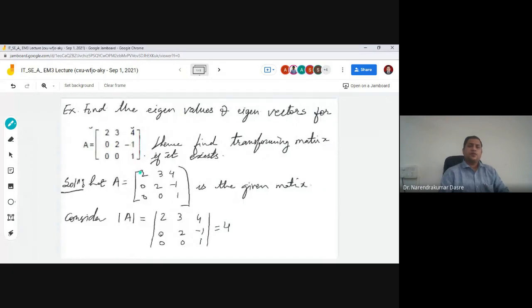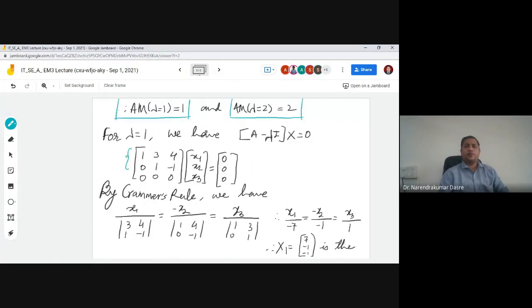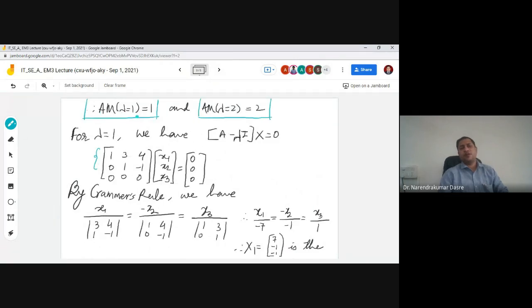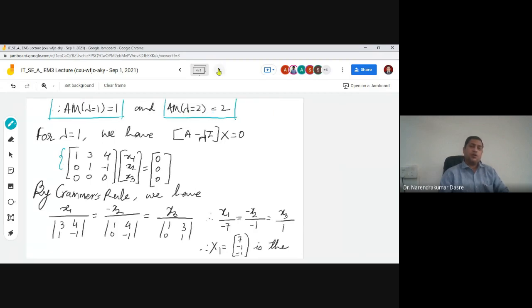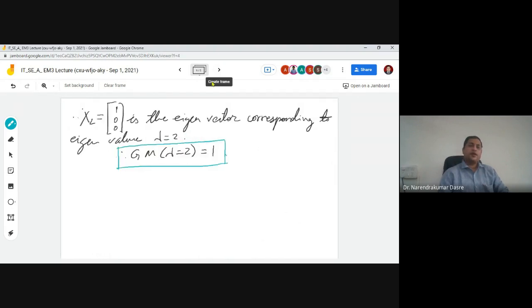Algebraic multiplicity of lambda 1 is equal to 1. Algebraic multiplicity of lambda is equal to 2 is 2. The geometric multiplicity of lambda is equal to 1 is 1, and the geometric multiplicity of lambda is equal to 2 is 1.